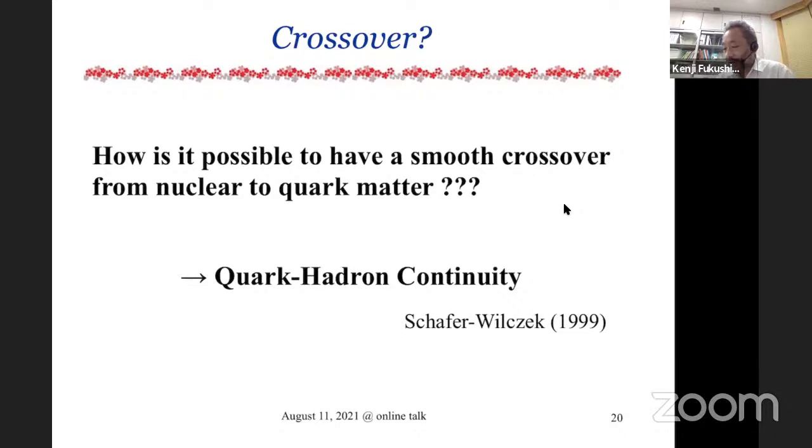In fact, this theoretical foundation was given by Thomas Schäfer and Frank Wilczek many years ago. And this is in fact a very, very interesting story, so let me introduce the argument.